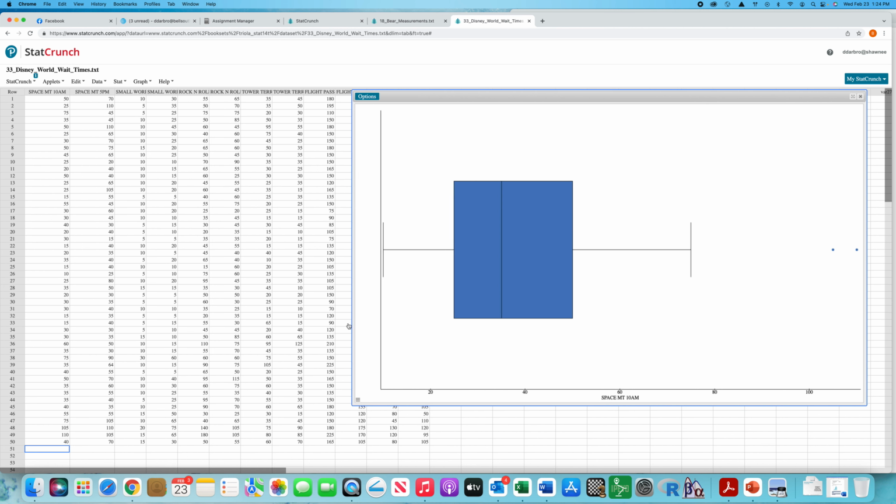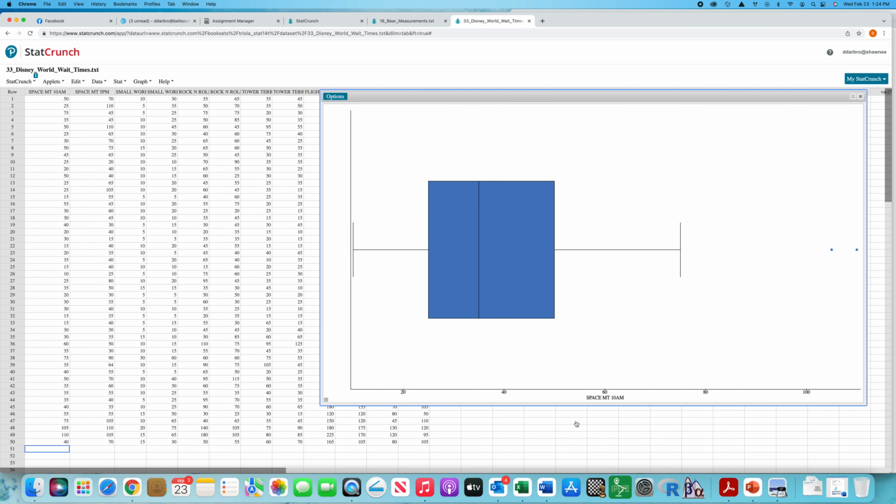And this is, again, the PowerPoint that we looked at earlier. You can notice that these two values are the outliers of 105 and 110. And so anyway, just wanted to show you how that is very easily gotten.